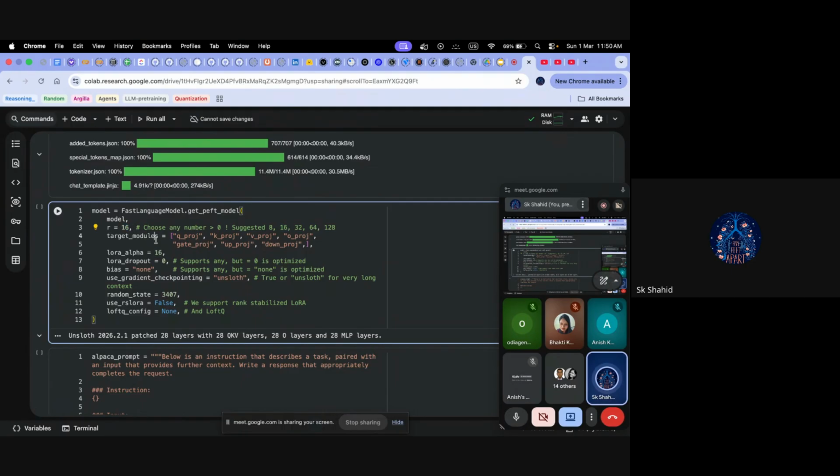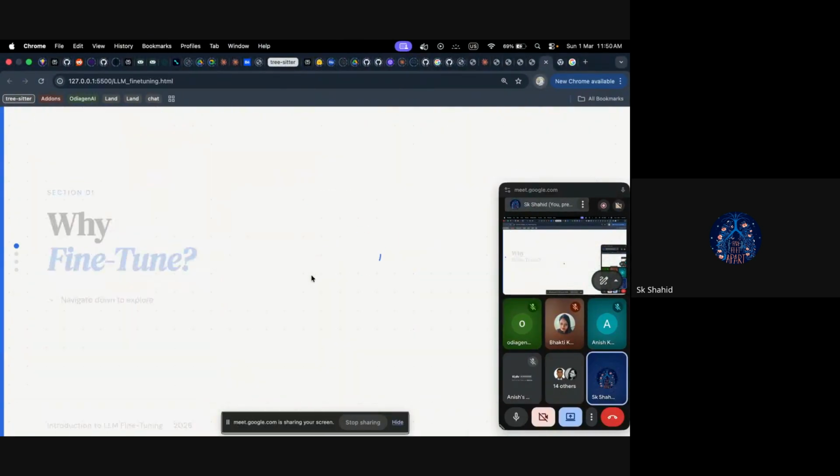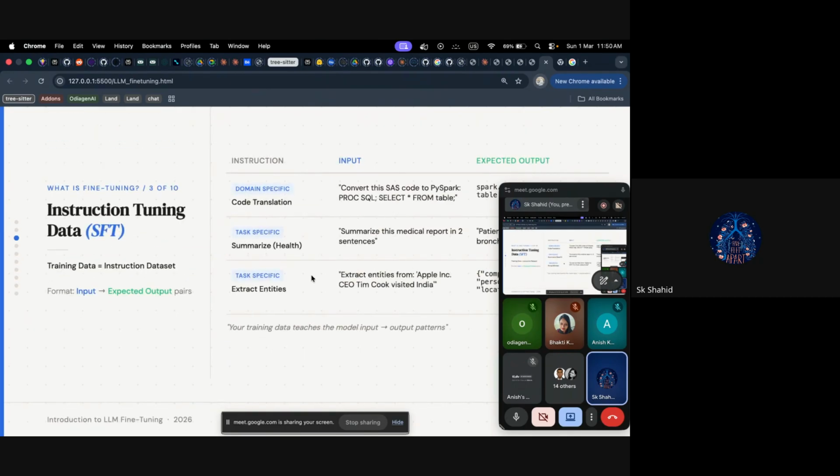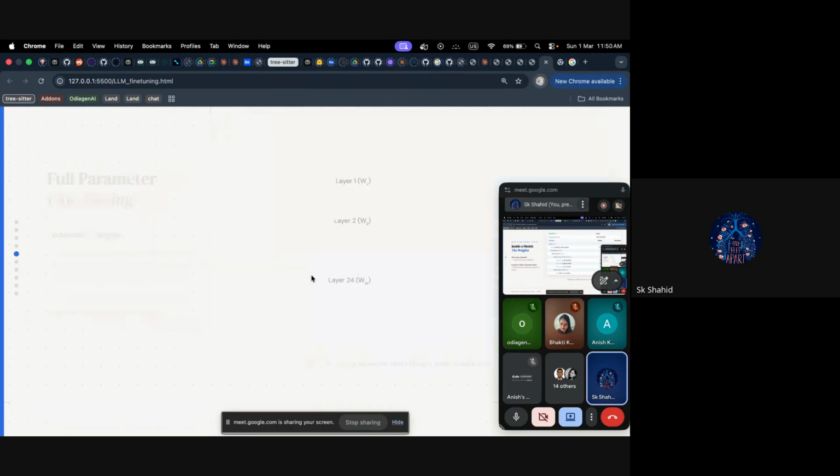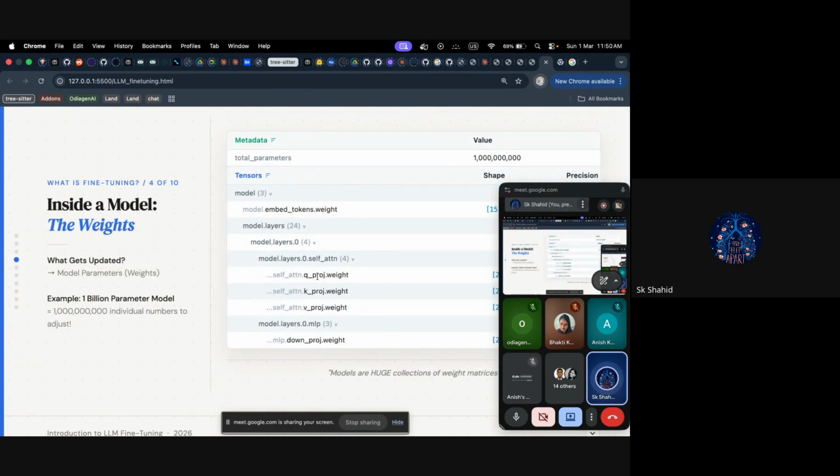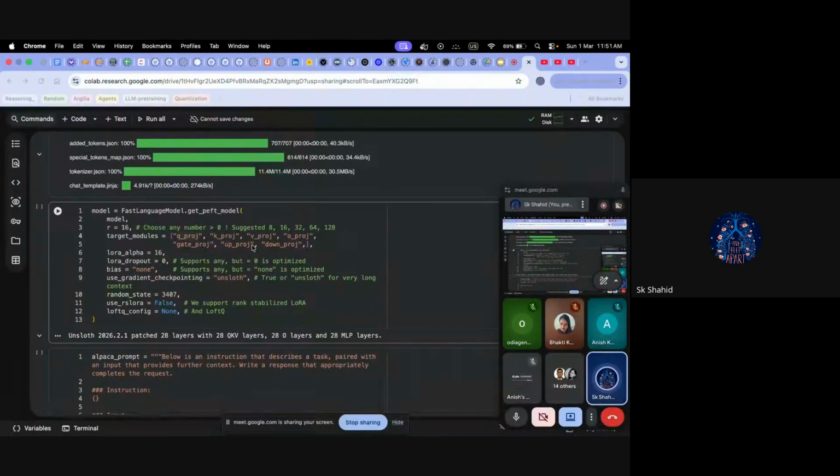That's a hyperparameter here. And we are giving the target modules, which modules to look at. Since we saw that in our presentation, I'll just take you there. Yeah, so here you see we have a Q matrix, K matrix, and V matrix. All of these are our attention layer matrices.